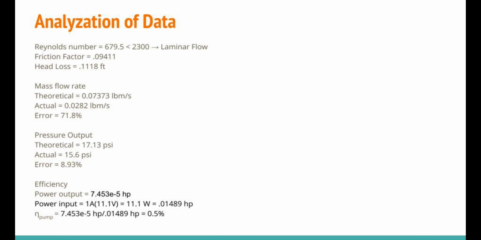So to start off, first, the mass flow rate, the theoretical was 0.07373 pound mass per second. From the measurement, we found that the actual mass flow rate was 0.0282 pound mass per second with an error of 71.8%. The cause of this large error was most likely due to the fact that we were operating at lower than optimum angular speeds, which resulted in a discontinuous flow rate.